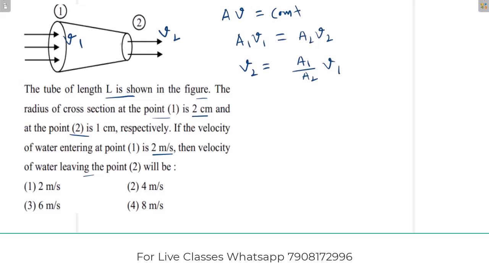If the radius at point 2 is R2 and at point 1 is R1, then V2 is equal to pi R1 square divided by pi R2 square into V1. Now pi cancels, so R1 by R2 whole square into V1.